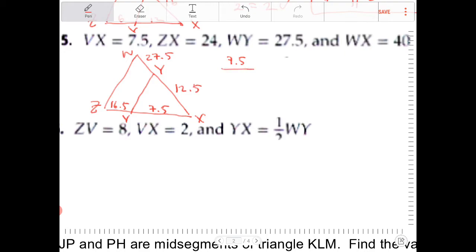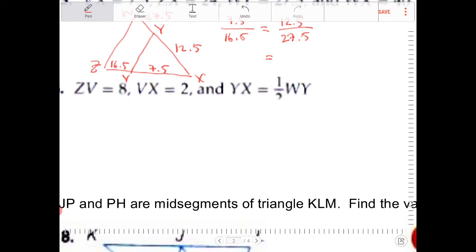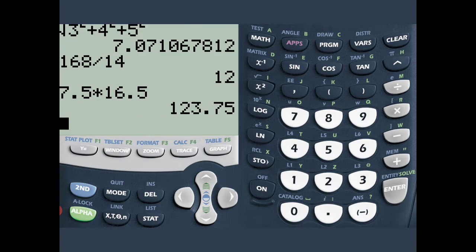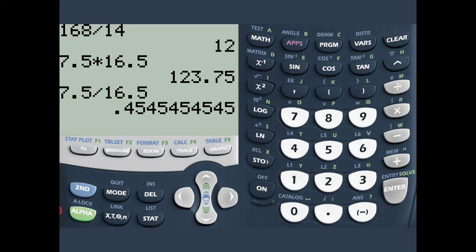So we can say 7.5 over 16.5. Is this going to be the same as 12.5 over 27.5? I'm feeling a little lazy just because I look at decimals and I despise decimals. So I'm just going to punch this into the calculator. 7.5 divided by 16.5. I'm sorry, I wrote multiply. So that's 0.454, okay?